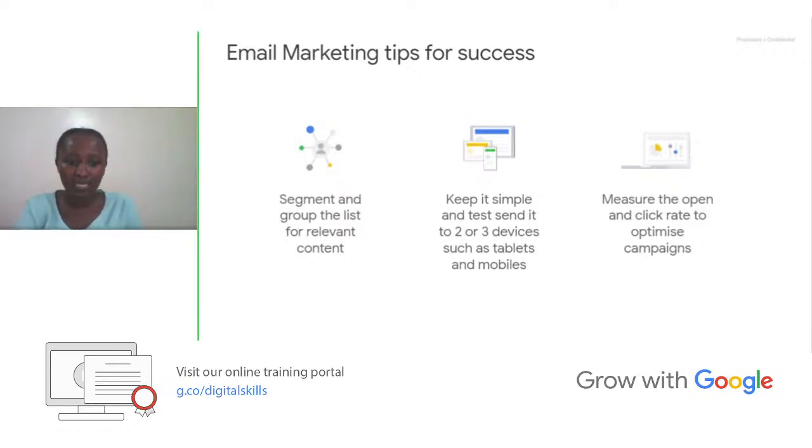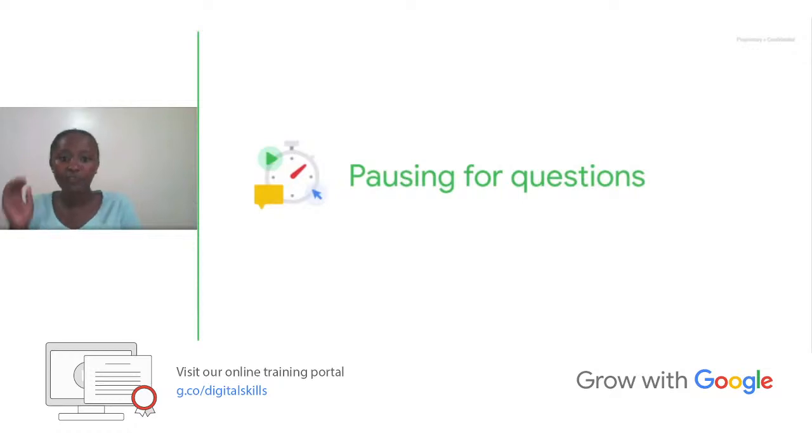So I'm going to pause here for any questions. If you have any questions regarding what we have covered so far, GMB, Google Ads, social media, and even email marketing, you can post them on the chat box. I'm going to look here to see if you have any questions. You can see Rono Haron saying that he's following keenly. Thank you, Rono.